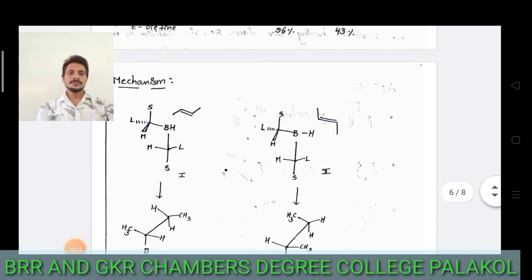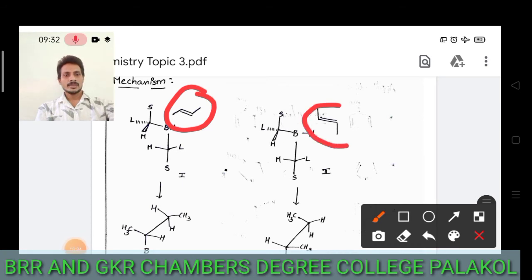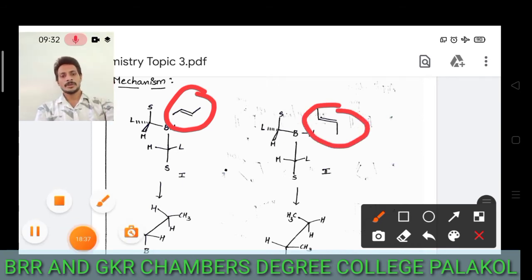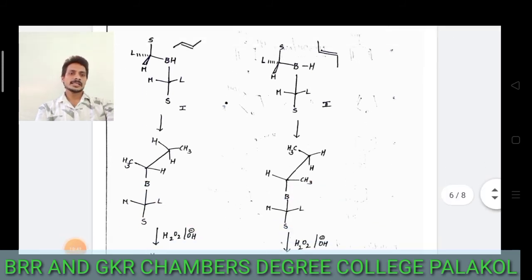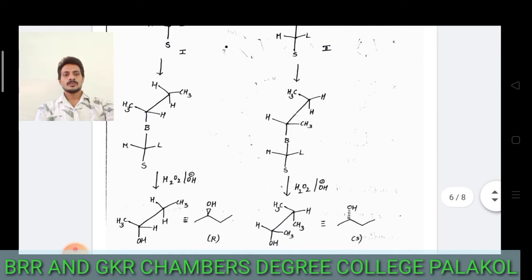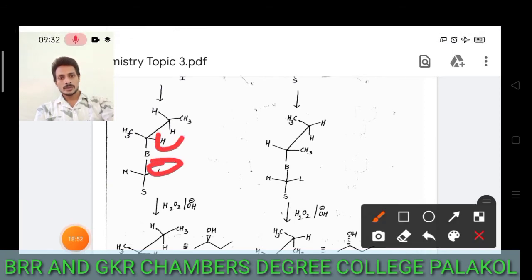In this mechanism, first the borane IPC2BH undergoes an addition reaction with the olefin system. It produces two different transition states, transition state 1 and transition state 2. In transition state 1, the large group and hydrogen are in the same plane, while in the other the large group and methyl group are in the same plane.